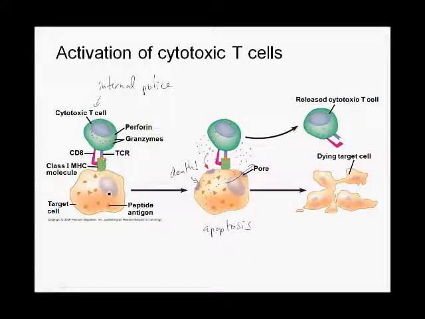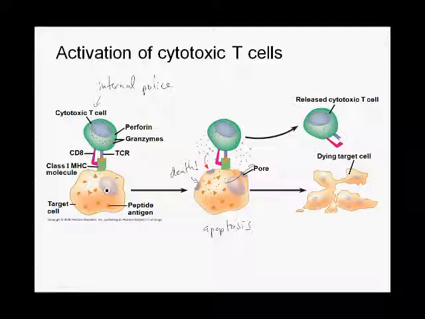So any cell whose garbage is displaying something that can be recognized by a T cell receptor automatically means that it's doing something suspicious, something that is not supposed to be in the body. And that could mean that the cell has been infected by a virus, and so this is a bit of viral protein, or the cell has been subverted and become a cancerous cell.